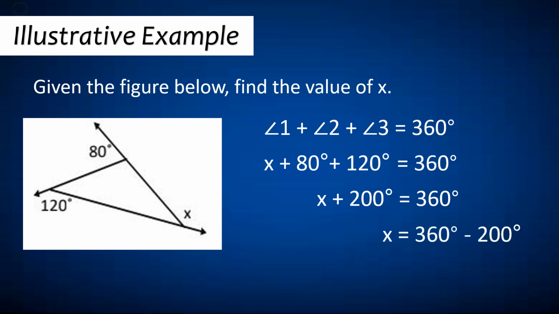Yung 200 na nasa left side ng equal sign, nag-transpose papunta sa right side. At dahil nag-transpose siya, magiging opposite sign siya. Naging minus 200 degrees. At ang 360 degrees minus 200 degrees ay equal sa 160 degrees.